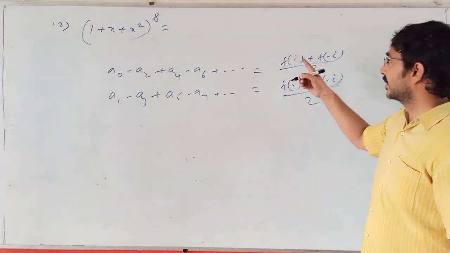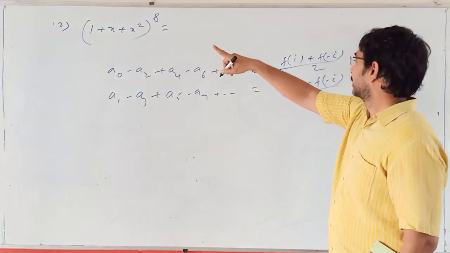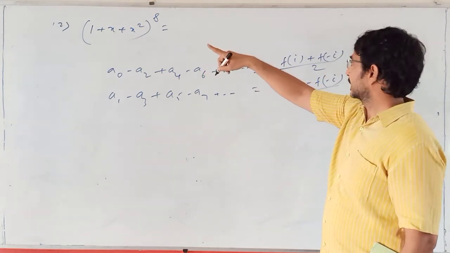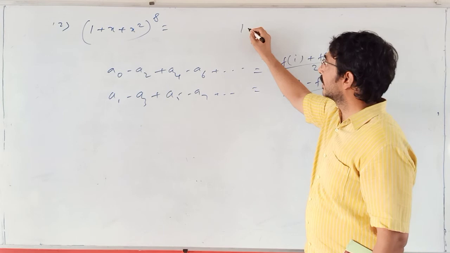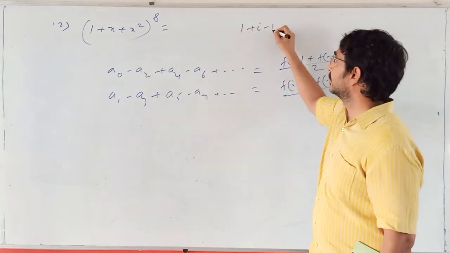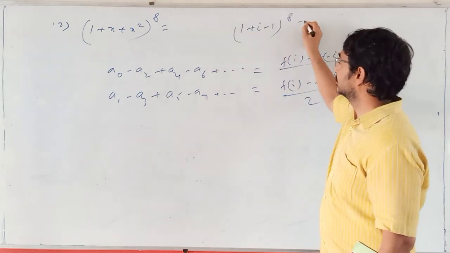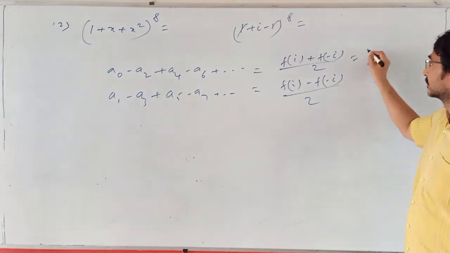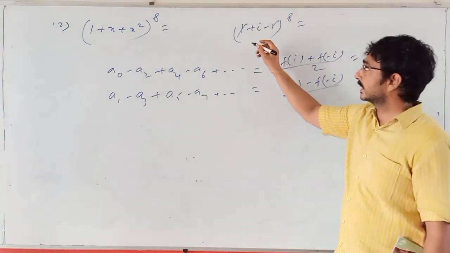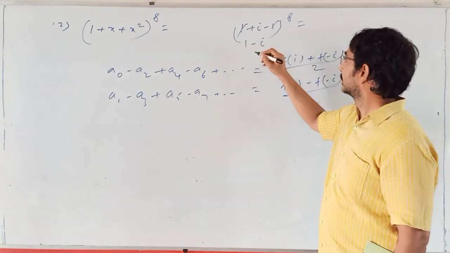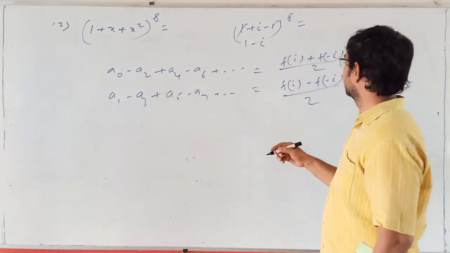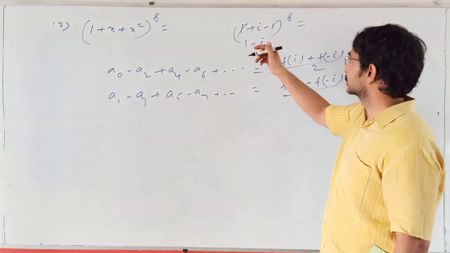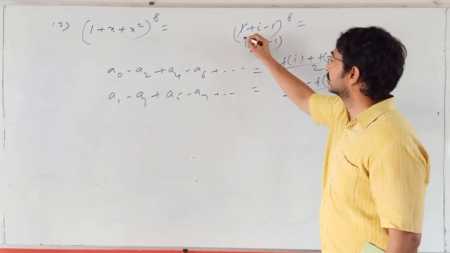So clearly f of i, by keeping x equal to i, (1 plus i square) value minus 1 whole power 8. So 1 cancel, i power 8 is 1. F of minus i, (1 minus i) whole square is also minus.